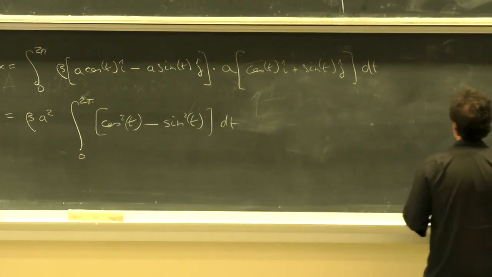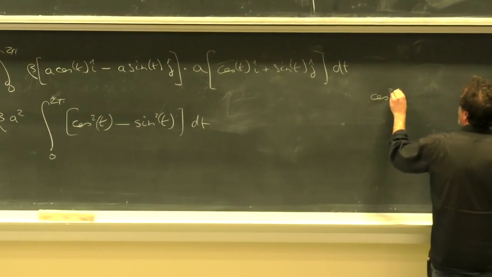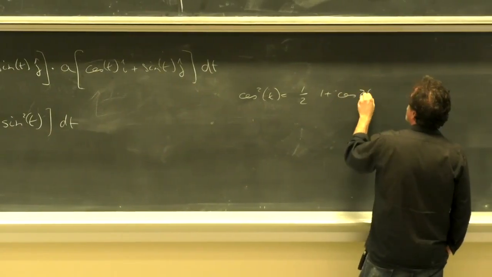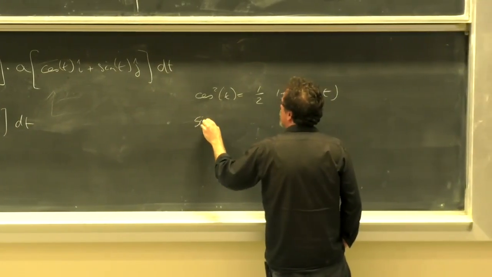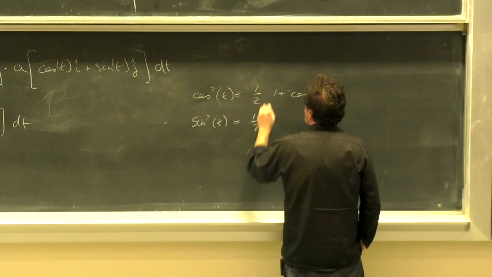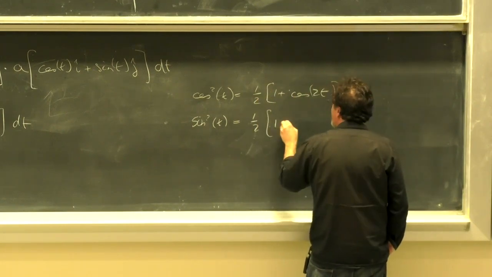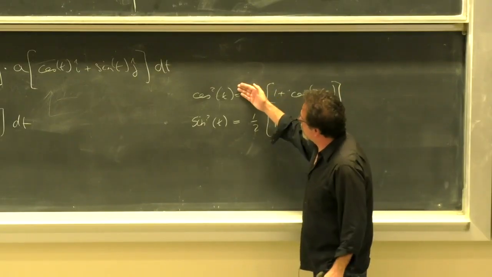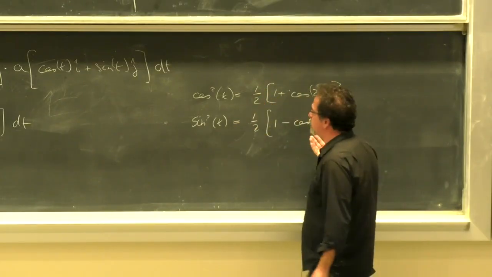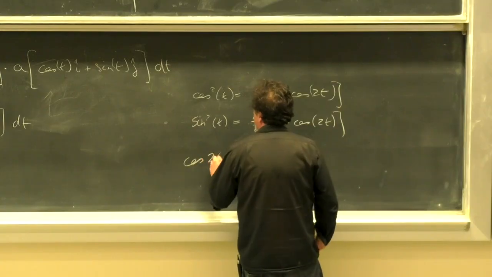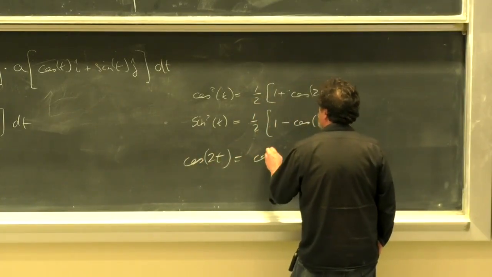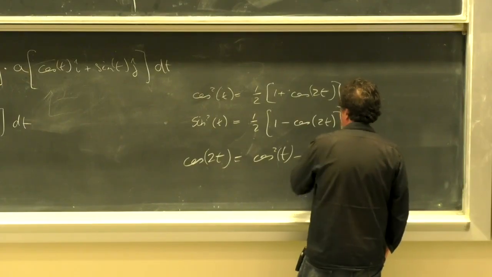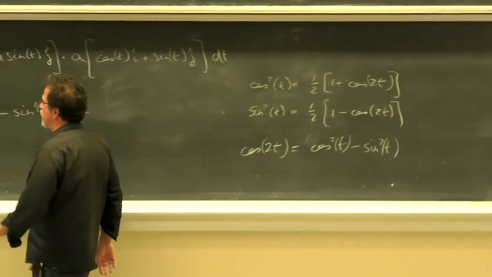When you have cos squares and sine squares, remember that cos squared t is equal to 1/2 times 1 plus cos 2t, and sine squared t is equal to 1/2 times 1 minus cos 2t. And when you subtract them, cos squared minus sine squared is clearly cos 2t, but you could have done that with the double angle formula. Or you say cos 2t is cos squared t minus sine squared t. So this thing is cos 2t.